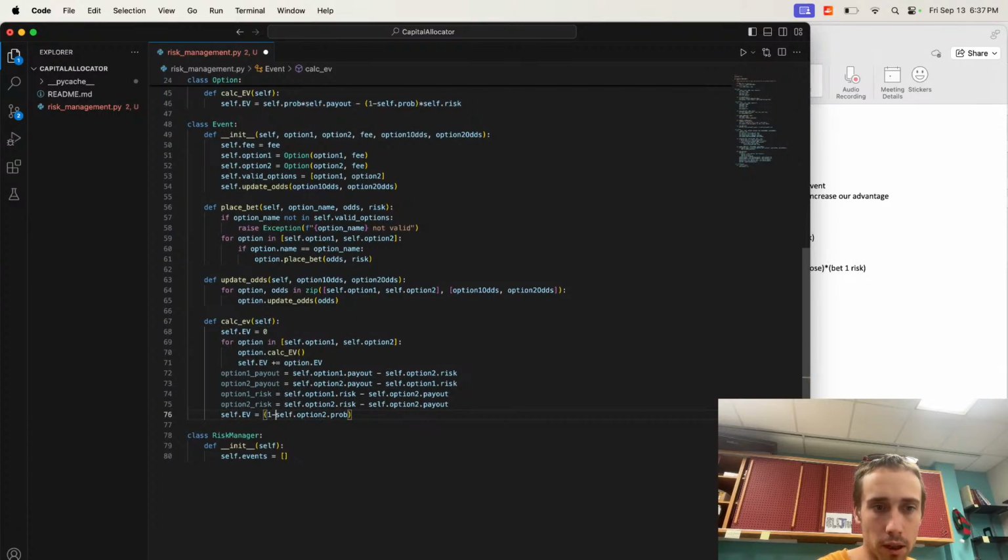If we do 1 minus, then we get the probability that option 2 loses, which is the probability that option 1 wins, the lower probability, which is what we want to be conservative. So probability option 1 wins times option 1 payout plus probability that option 2 wins, same thing as before but opposite, times option 2 payout. That's all we need.